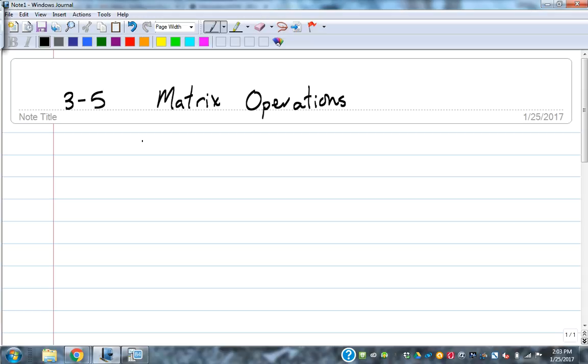When you're looking at a matrix, it looks like something like this. You've got rows and columns. This one has 2 rows and 3 columns, right? We need to know that because we need to know what the dimensions are.